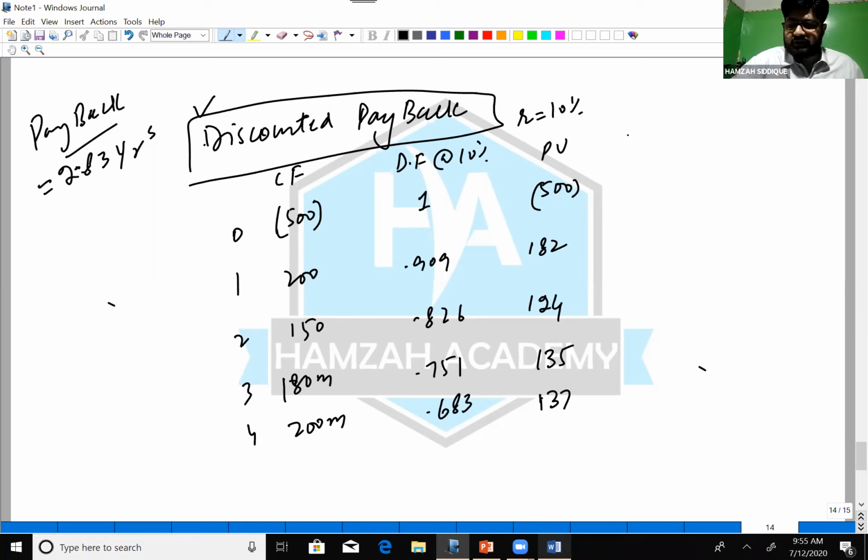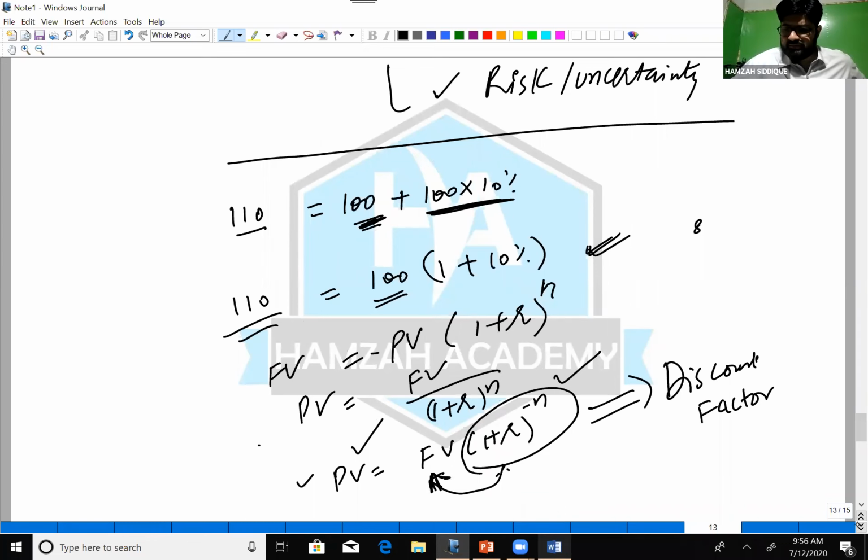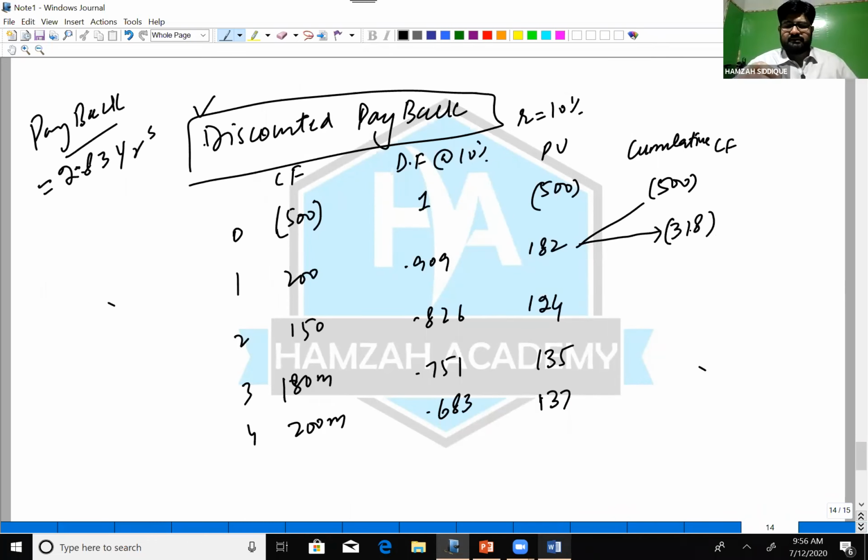Now, the cumulative cash flow column we will make. So 500 negative, 182 recovered, 318 negative remaining. And out of 318, minus 124, 124 recovered.